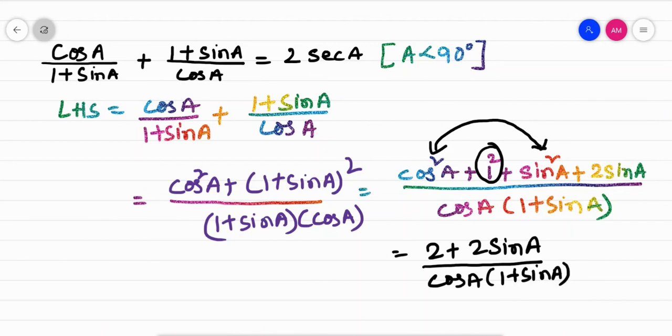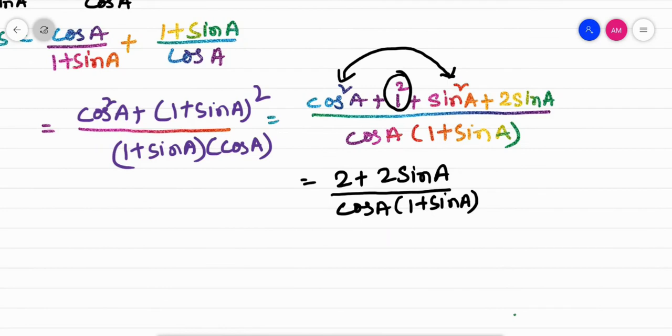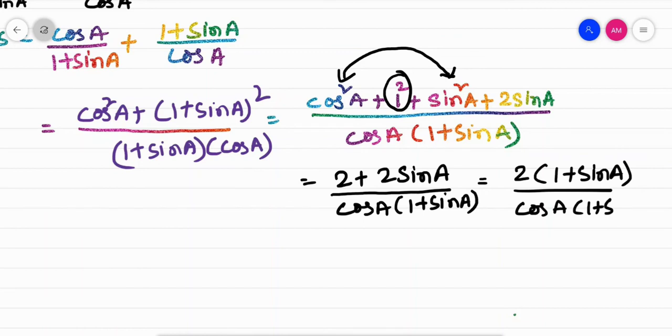Now what you will do? Take out 2 common from the numerator. You will get 1 plus sin A in the numerator, and you have cos A into 1 plus sin A in the denominator. Now children, you can easily cancel 1 plus sin A and 1 plus sin A.